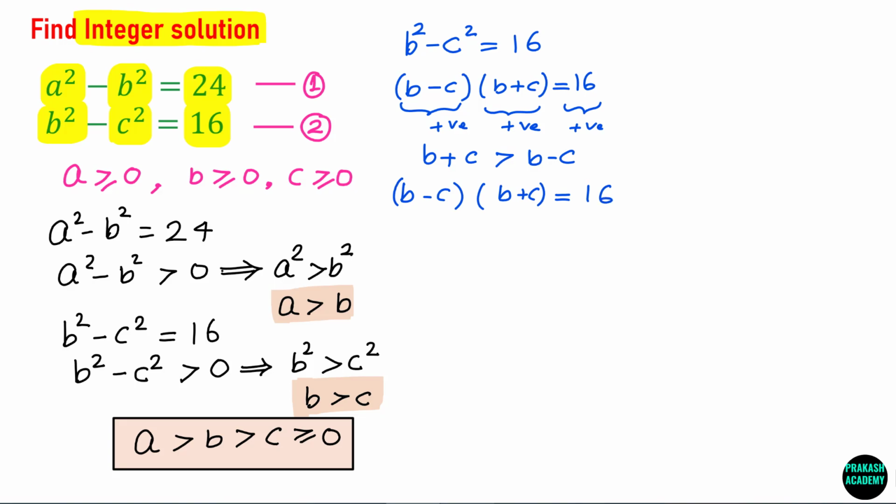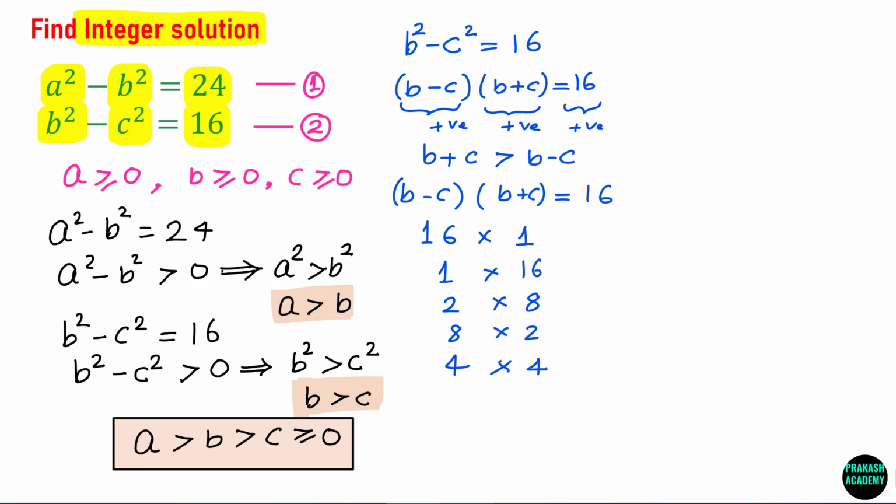Now how many ways can you get 16? There are different possibilities. You can have 16 times 1 or 1 times 16, 2 times 8, 8 times 2 and 4 times 4. Now among these, which is not acceptable?